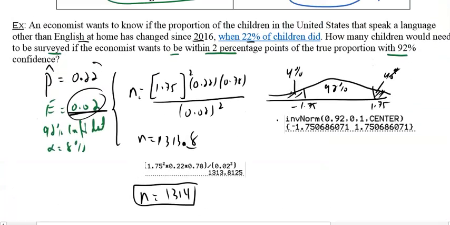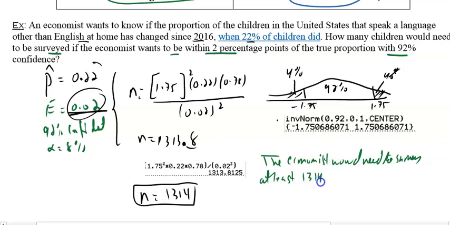And oh, I forgot to write this here too. If I wanted to write this one, I will say the economist would need to survey at least 1,314 children to be within, here it was 2 percentage points, I believe.